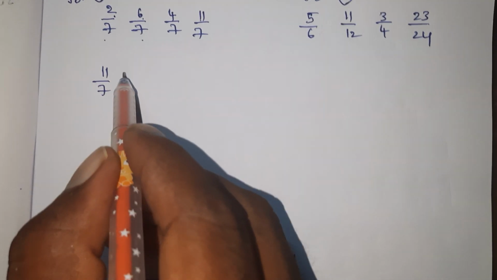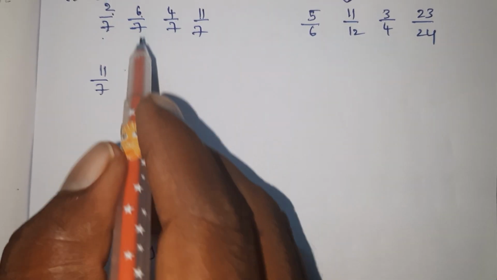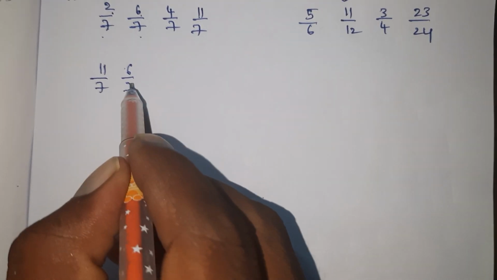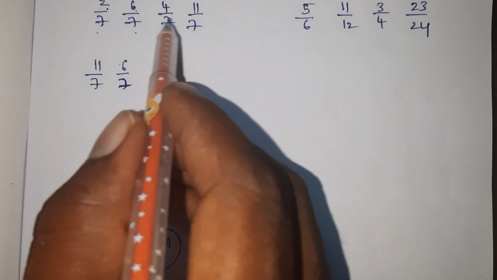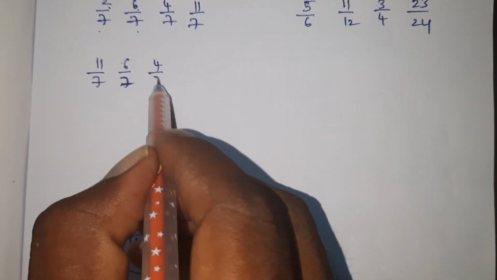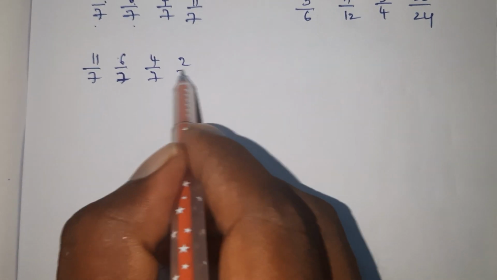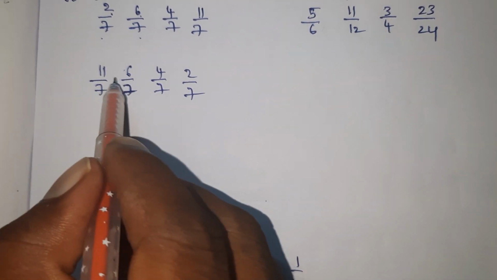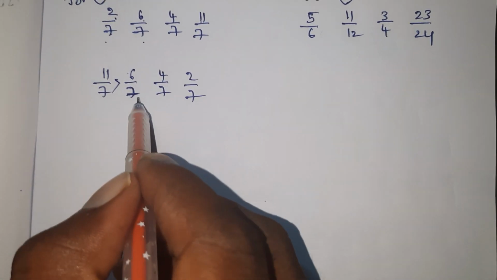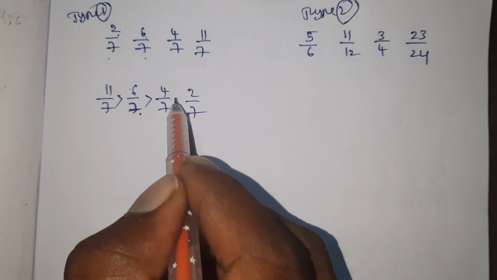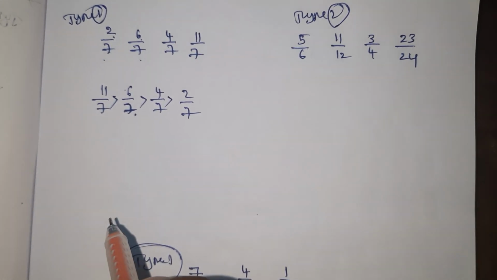And next 6 by 7 is the second highest fraction, and next 4 by 7 is the third highest fraction, and 2 by 7 is the lowest fraction. Simply 11 by 7 is greater than 6 by 7, greater than 4 by 7, greater than 2 by 7.